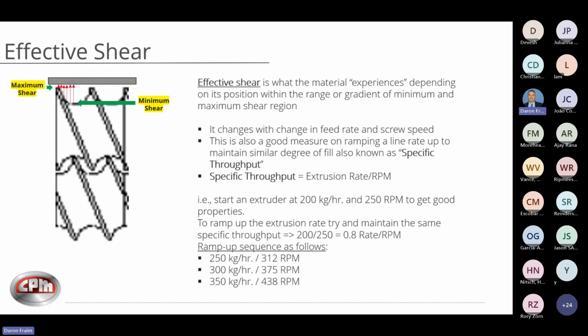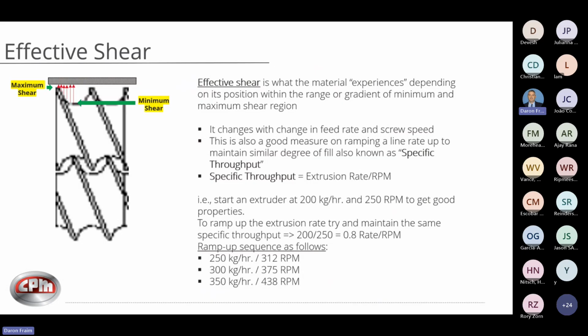And so this changes depending on your feed rate and screw speed ratios. And this is also what we call specific throughput. It's a very good measure for ramping a line rate up. Specific throughput is your extrusion rate divided by RPM. If I can keep that ratio the same, I'm keeping my degree of fill very similar in that machine.